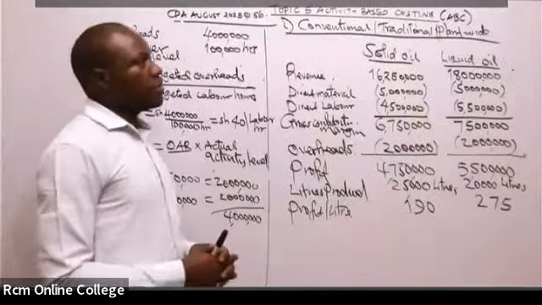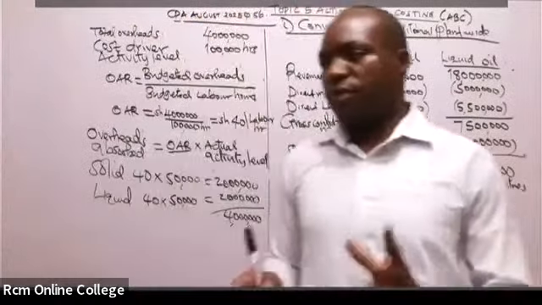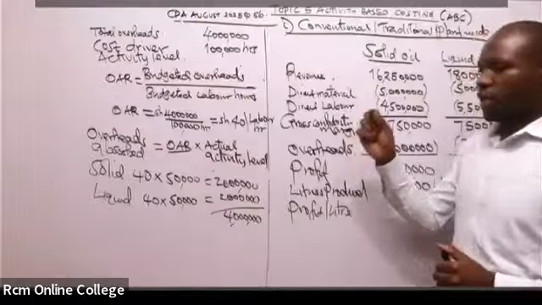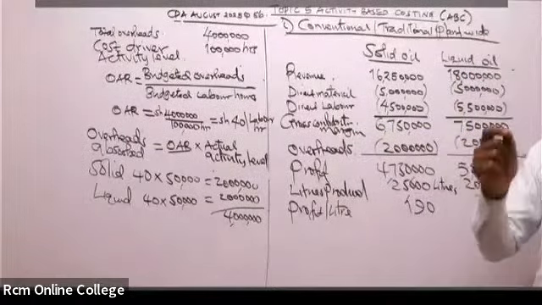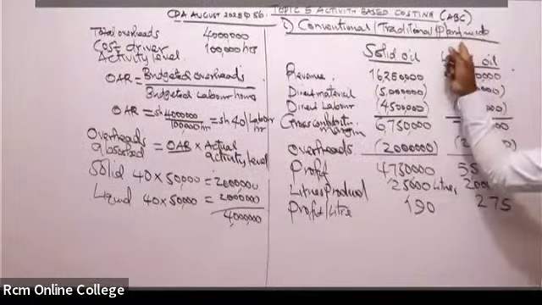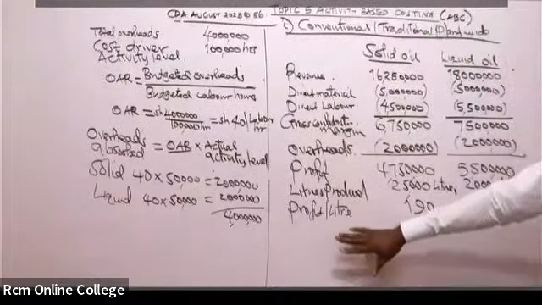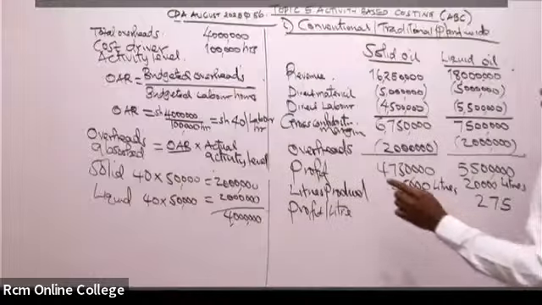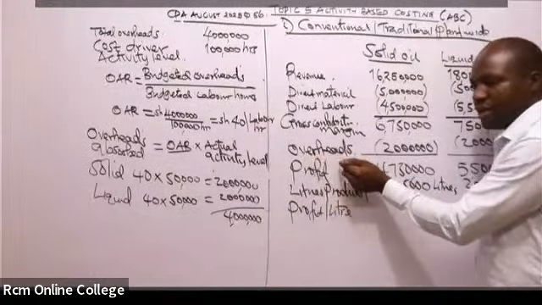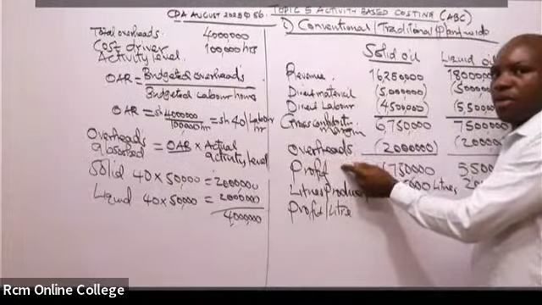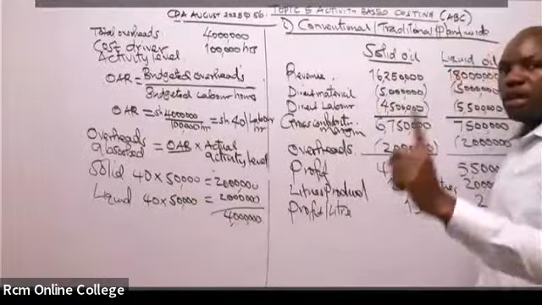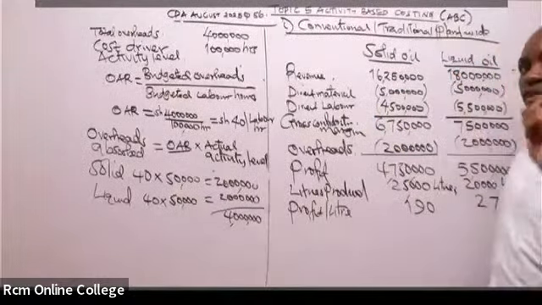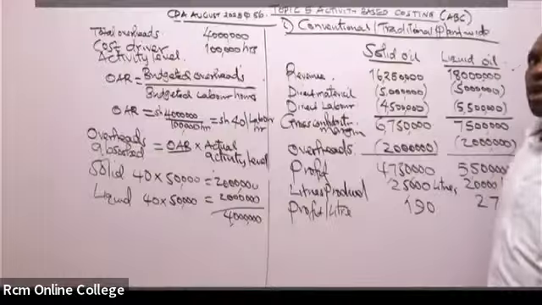In any single question under topic number 5, if we are told to use traditional costing method, conventional costing method, plant-wide, this is what we're supposed to do. I want you to be very keen, and I hope you are also following what is happening. When we got to the overheads, the entire 4 million has been distributed using labor hours.